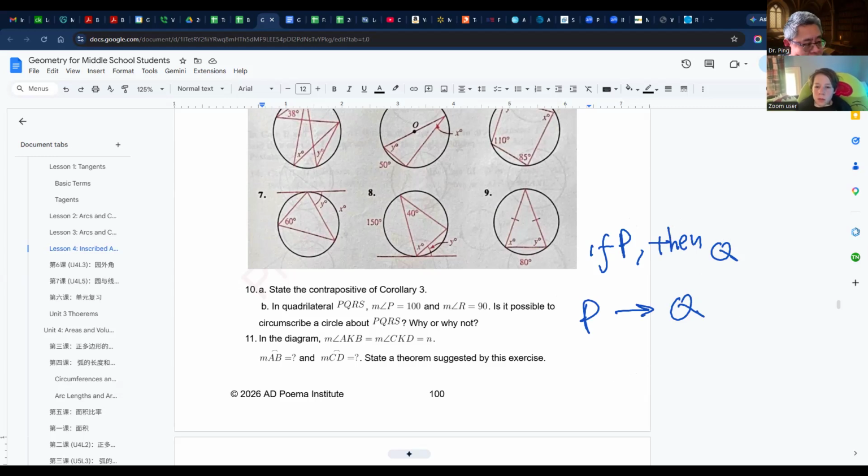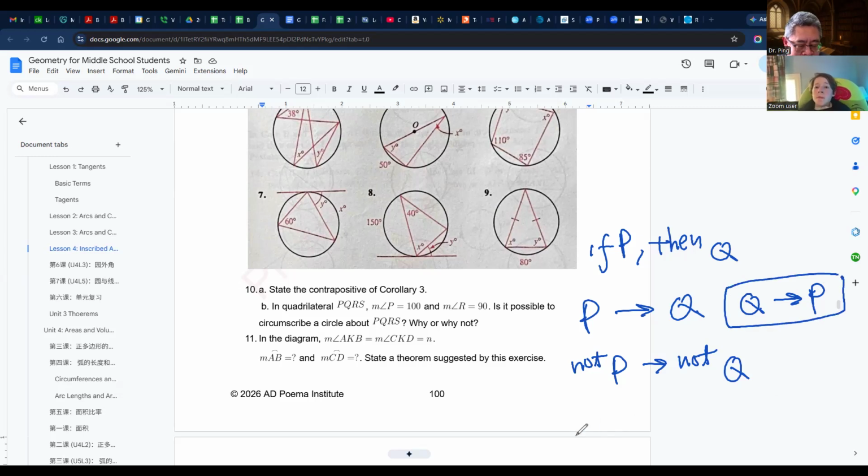Now, the converse of that is the other way around, Q to P. And there is something called the inverse. Inverse is not P to not Q. And the contrapositive is if not Q, then not P.